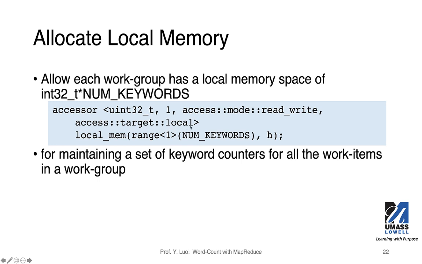So this will be allocated in local memory. And the name of the variable followed by the range. We have one dimension, and we're going to allocate for this many keywords. And then finally, this is the handler from the lambda function. So in this way, we can maintain a set of keyword counters for all the work items in the work group.